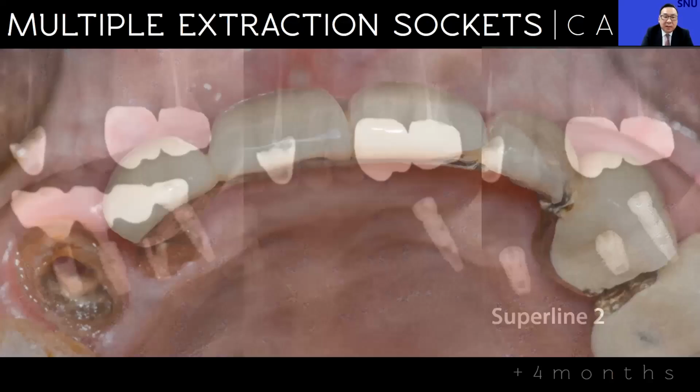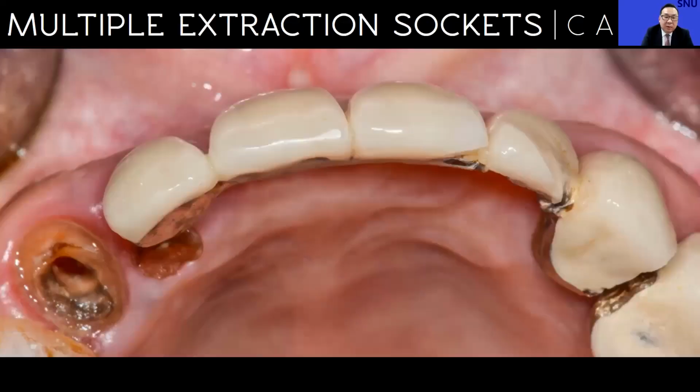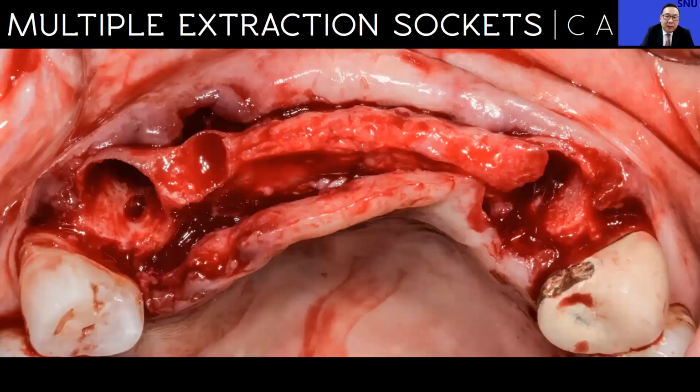I think this is the last case I will show you. Okay, this could be a little tricky, okay? It's a combination of extraction sockets and a healed ridge. However, we decided to augment this area anyway, just to see how it goes. And then we used the matrix type of bone.